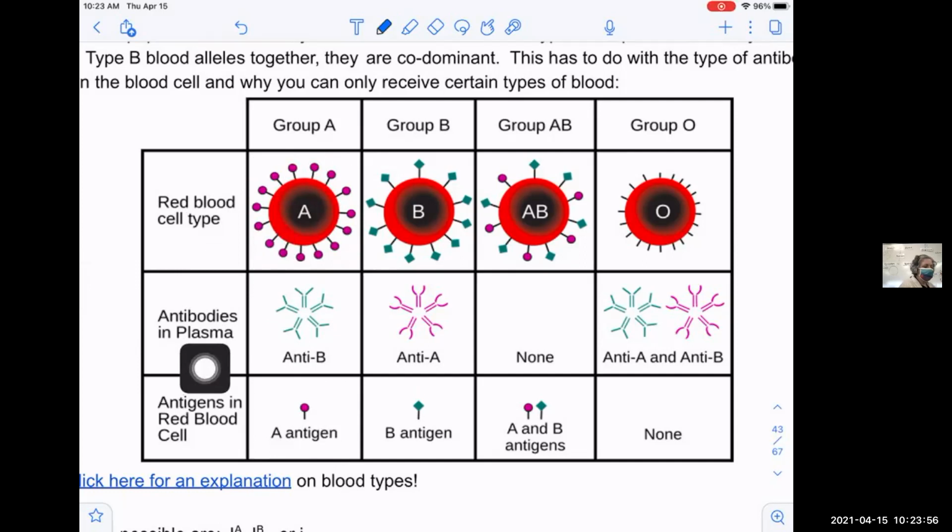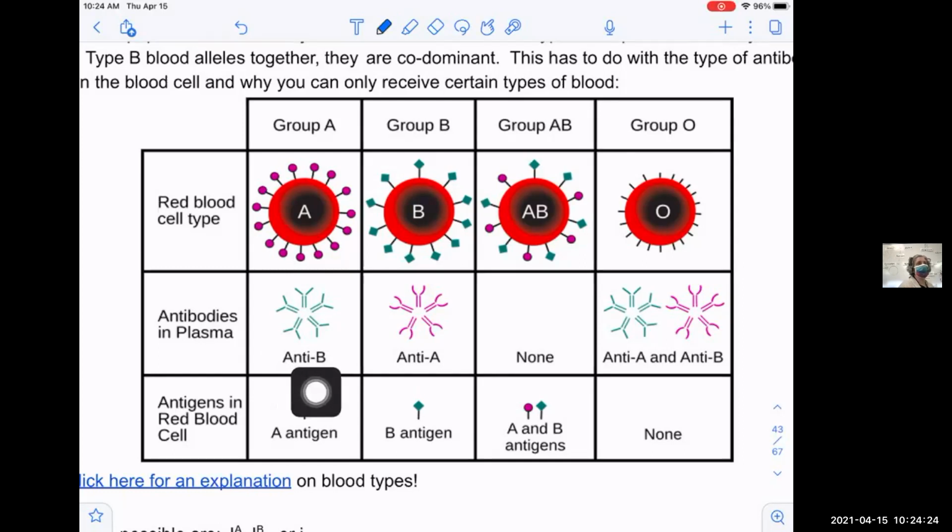In the plasma of your blood, which is the liquid of your blood, we're going to learn about this one of the last things we do in this class. In the plasma of your blood, you have antibodies for type B blood. Okay, see how these are shaped? And that means if blood type A people get B blood, your body is going to see it as foreign and it's going to attack it.